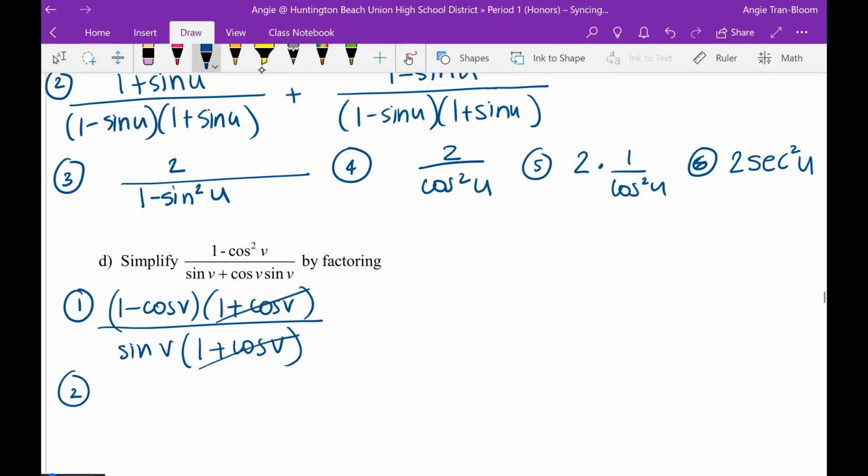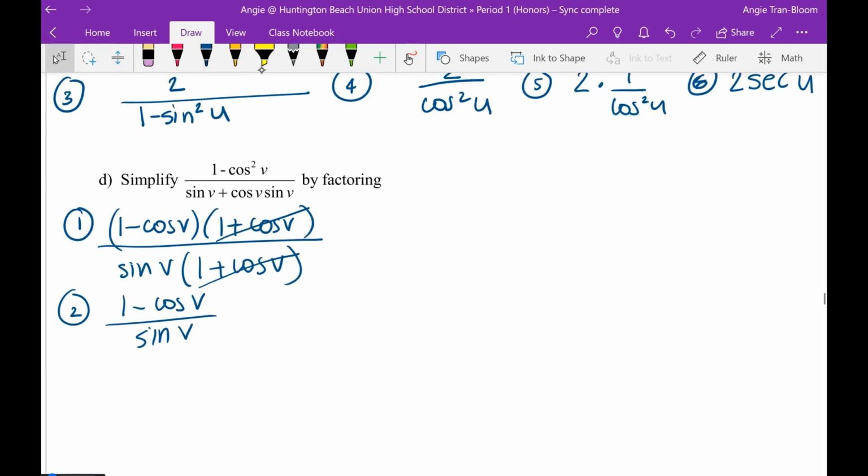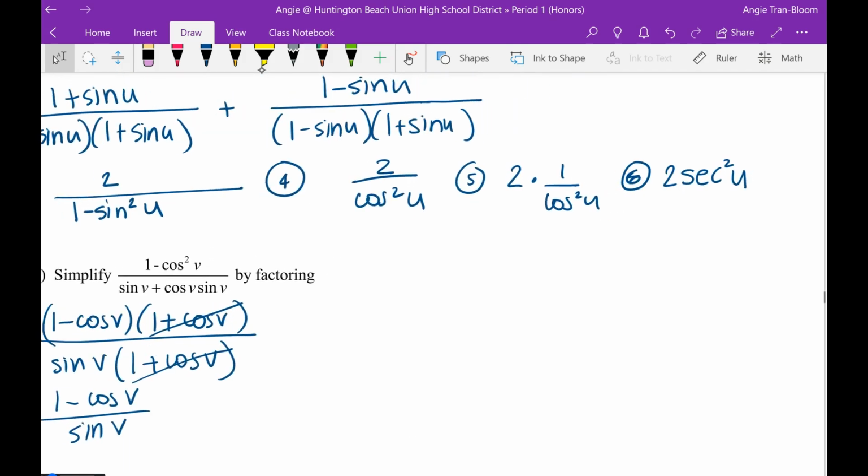So step 2, 1 minus cosine of v over sine of v. Is that as far as you can go? No. What are you going to do? Kara? Well, you can separate them and be like 1 over sine of v minus cosine v over sine of v. Then cosine v over sine of v is cotangent.